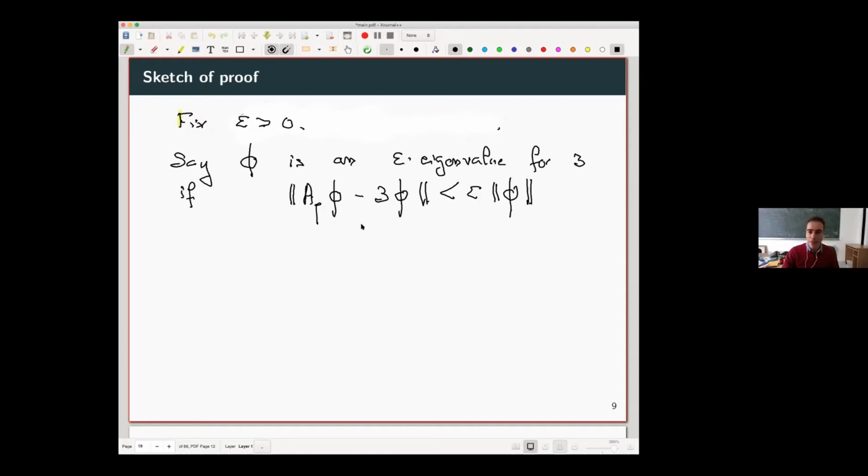You can add epsilons and finite subsets everywhere, and the conclusion you will get is that the representation rho almost has eigenvectors.